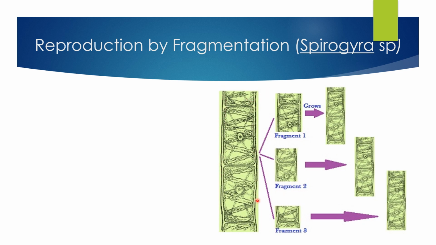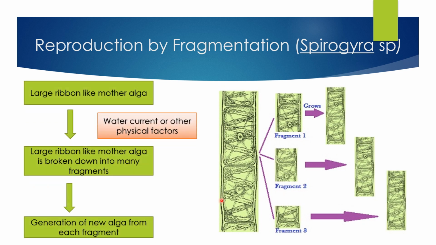Now see here, it's a long ribbon. Due to some physical factors like water current, the ribbon-like body is fragmented. See here, this is fragment 1, this is fragment 2, and this is fragment 3. From each fragment we get a new Spirogyra.